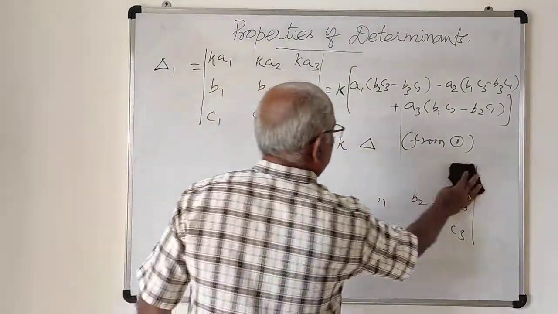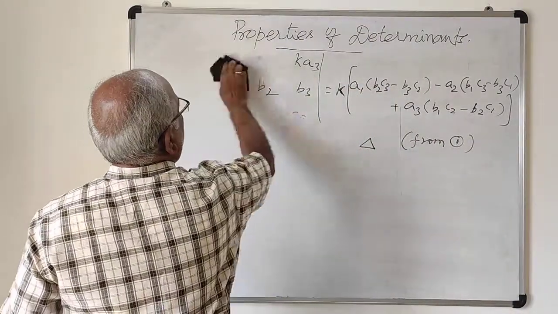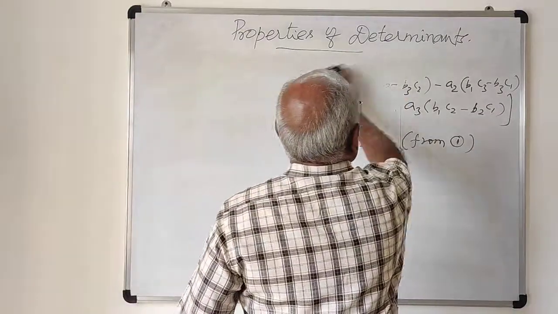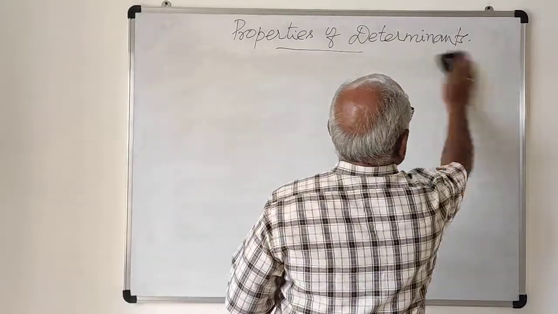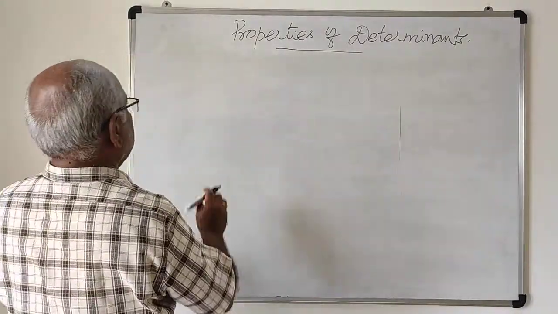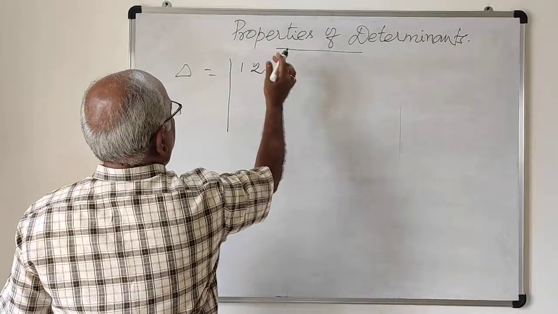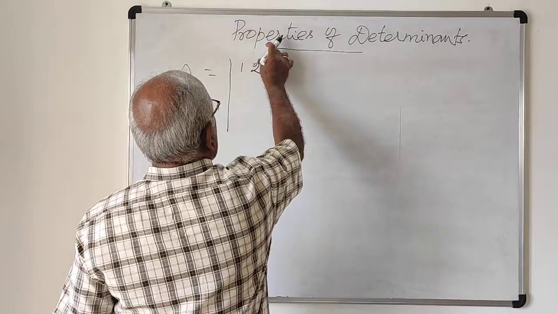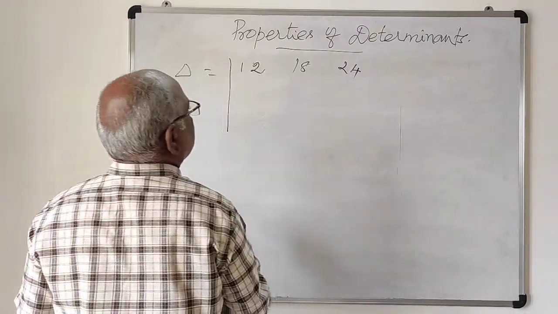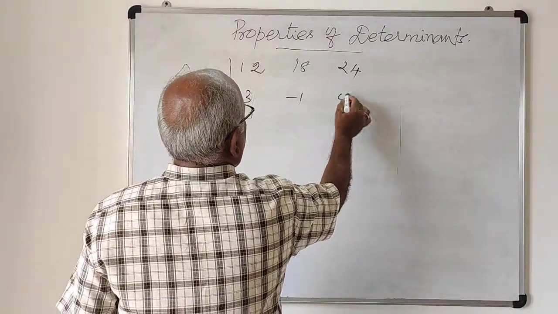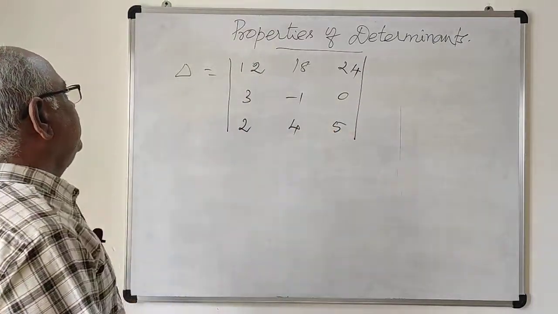This is property 4. If delta equals 12, 18, 24 and 3, minus 1, 0, 2, 4, 5, you can consider this determinant delta.